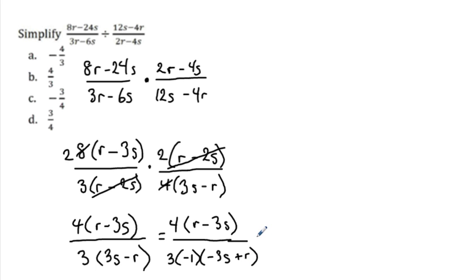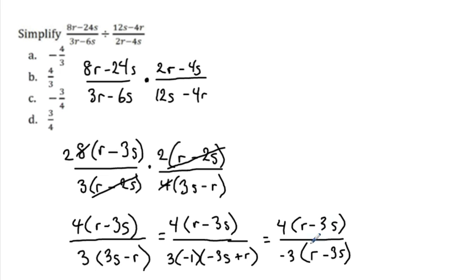And at this point, all we have to do is rearrange the terms, because the r's are positive and the 3s's are negative. So we have 4 times (r - 3s), over 3 times negative 1 is negative 3. And we're going to write the r first and the negative 3s second.